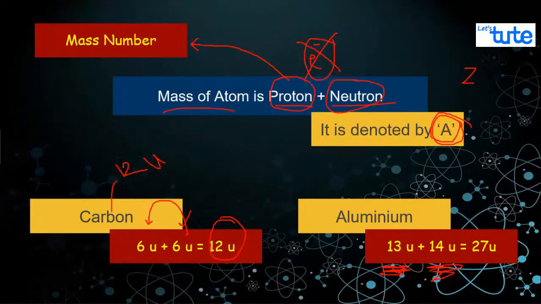So when the number of protons and neutrons is the same, we just simply multiply it by 2 and we get the answer. So this is the answer for atomic mass, and this is the atomic mass for aluminium. Okay, so this was about mass number, how to find out what the atomic mass actually is.